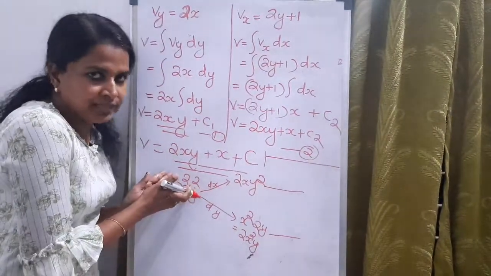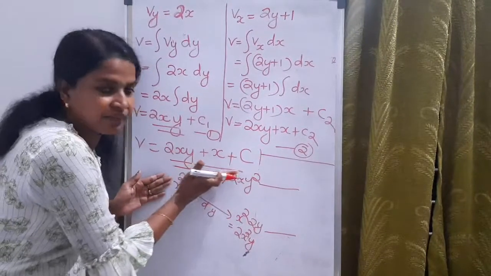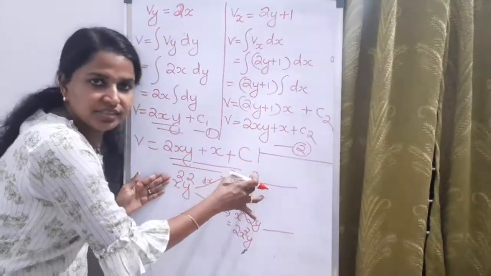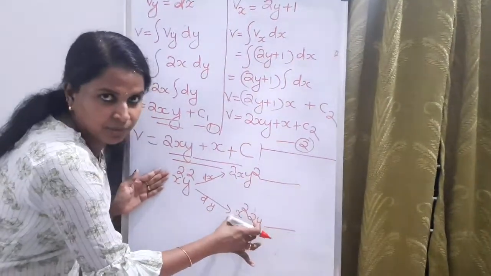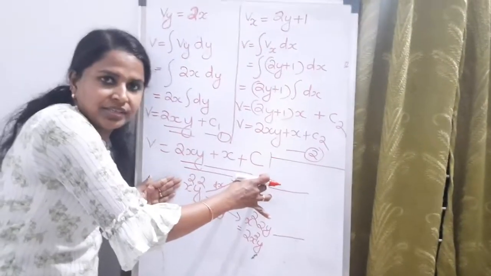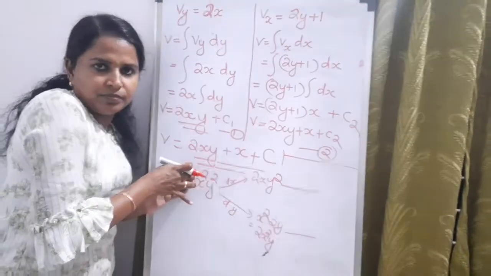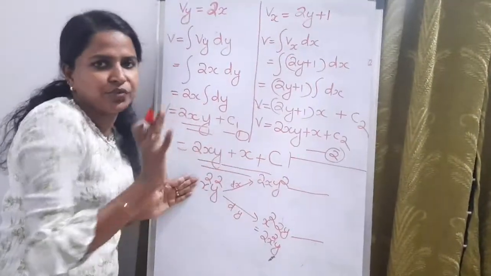Here the term x square y square, differentiating with respect to x we get this, differentiating with respect to y we get this term. Then if we integrate this with respect to x, we get the original term, because differentiation is the reverse process of integration.